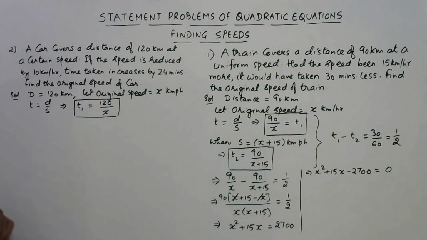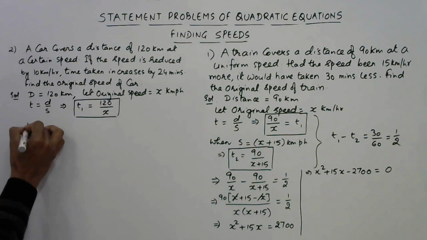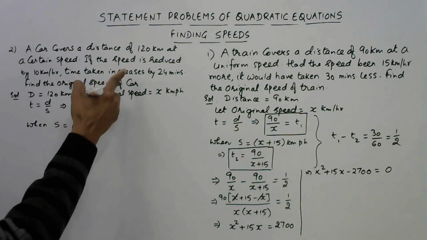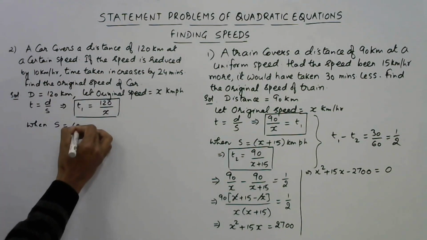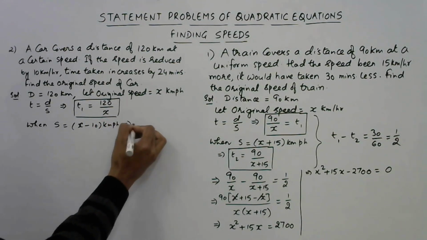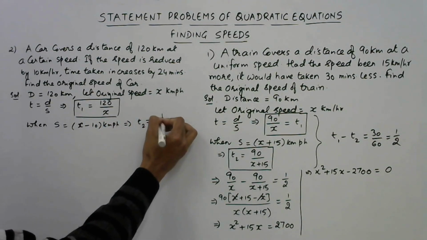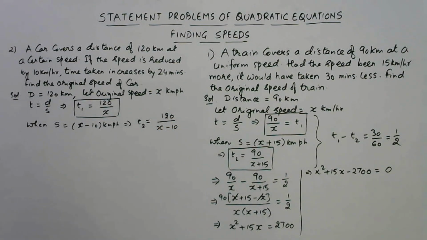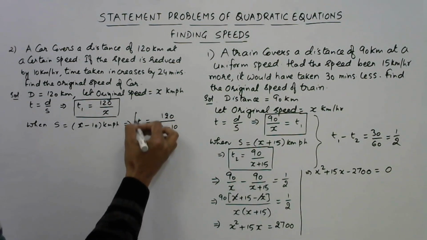Now this is the value of T1. Now what happens in this question when speed is, now it is reduced by 10. So x minus 10 kmph. Then time T2 is, distance is same 120 but the speed is x minus 10 now.